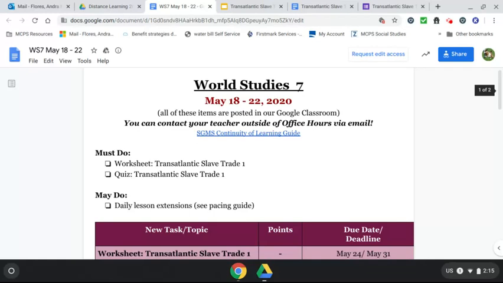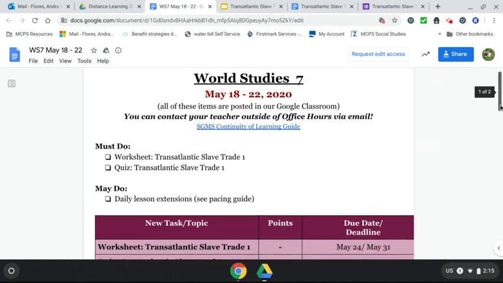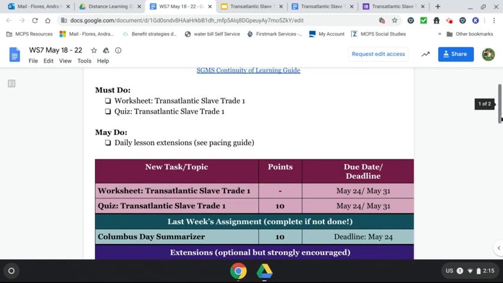For this week, we're going to be taking a closer look at the transatlantic slave trade. First thing you're going to want to do is look at our checklist for the week, and you'll see that you will need to complete the worksheet for transatlantic slave trade, and you also have a quiz this week that you will be doing on Thursday or Friday.